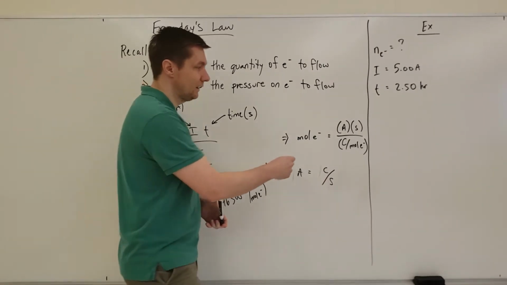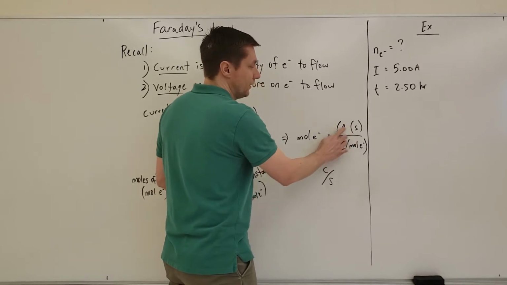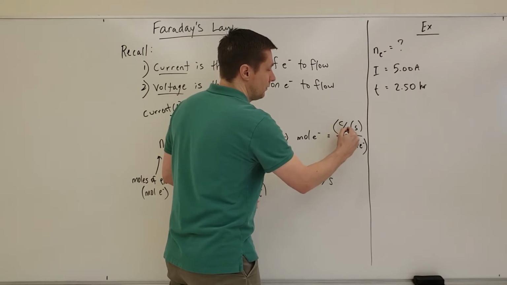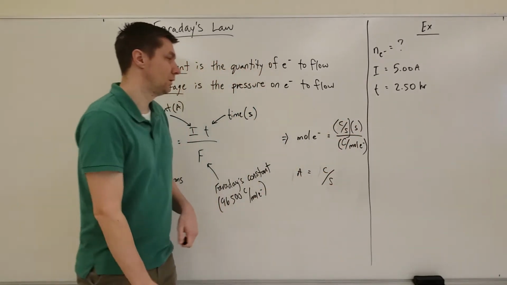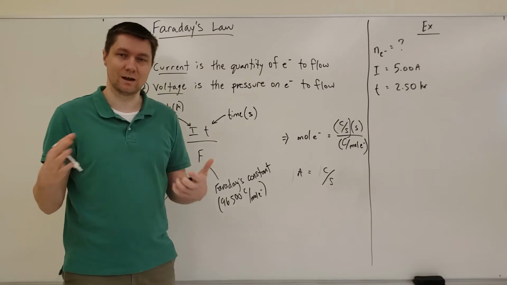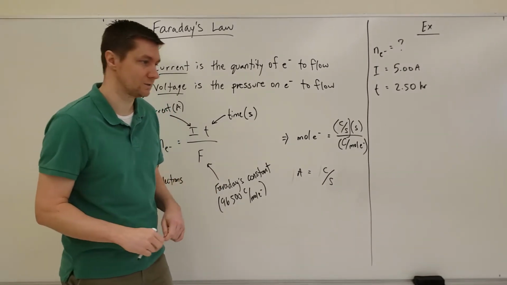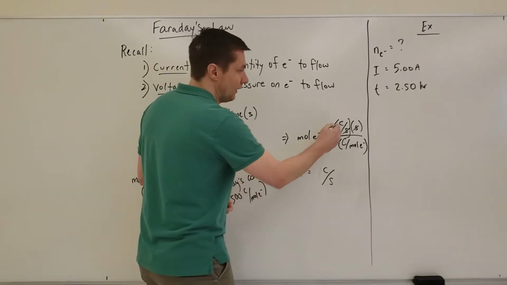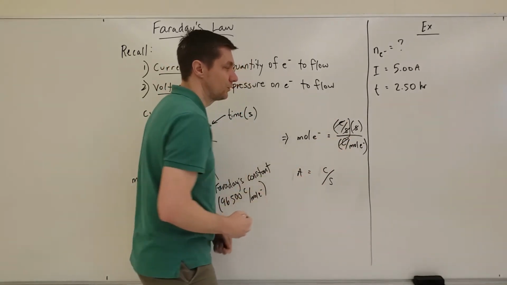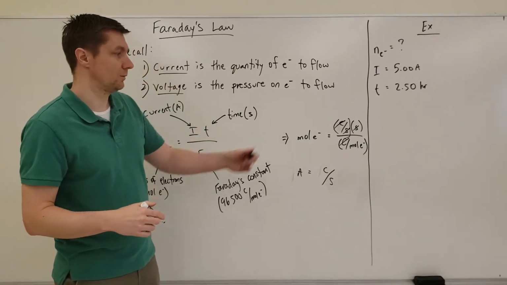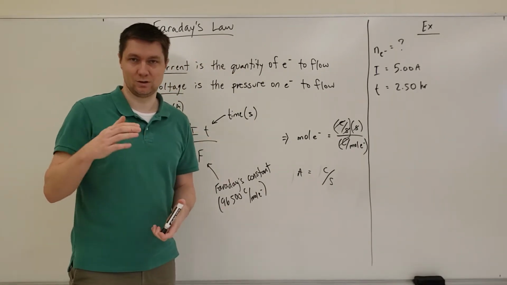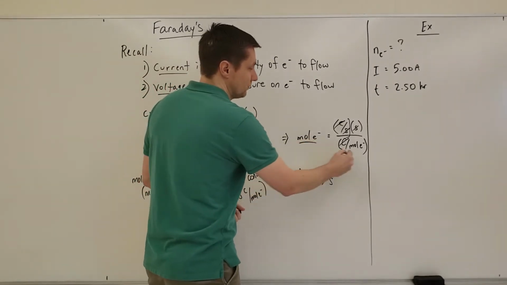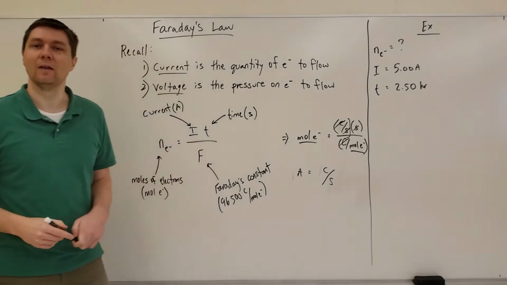So if I plug that in to this portion of this formula, now you can see how these units will cancel out. And so you can see my seconds will cancel because I've got seconds on the top and the bottom. Coulombs will cancel because I've got coulombs on the top and the bottom. And so what I'm left with is just moles of electrons, which is on the bottom of the bottom, which means it's on the top. And so that just equals moles of electrons. So moles of electrons equals moles of electrons, and that's how that works.